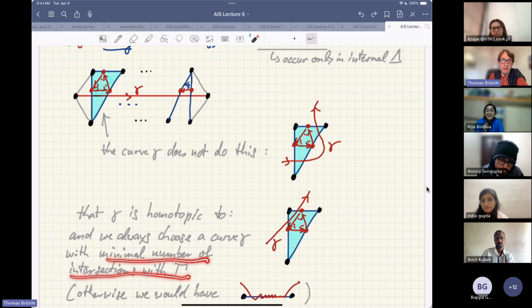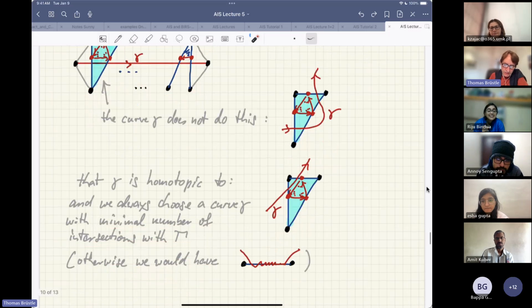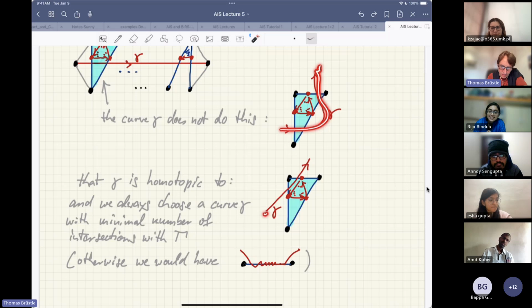In the homotopy class, I would not choose an arc that wiggles around a million times and then leaves. That is silly. So in my selection of arcs up to homotopy, I always choose a representative with the minimum number of intersections with the arcs of the triangulation. Therefore I did not choose this one, I chose this one.